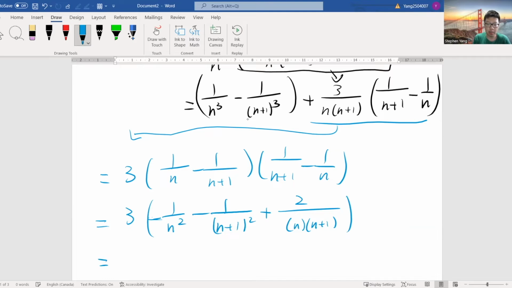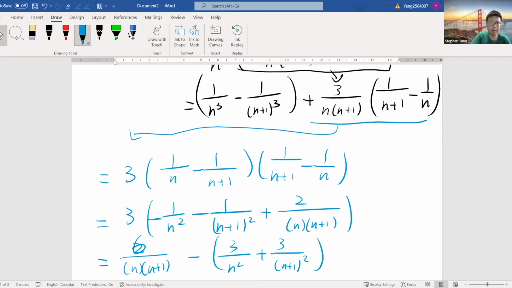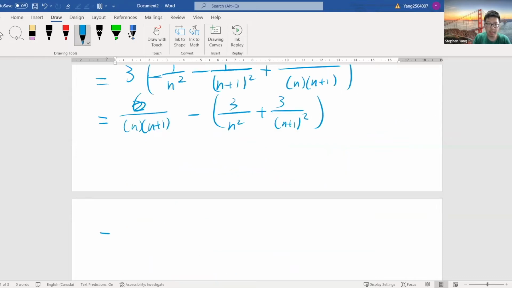This simplifies into 6 over n times (n plus 1) minus 3 over n squared plus 3 over (n plus 1) squared, and this is its bracket. The first term is just equal to 6 over n minus 6 over (n plus 1), and the second term is just minus 3 over n squared plus 3 over (n plus 1) squared.